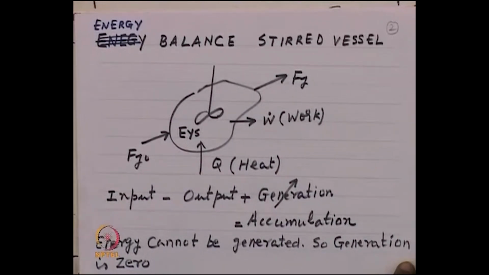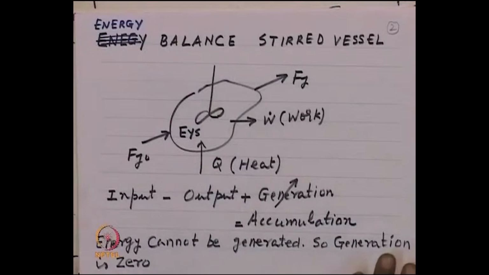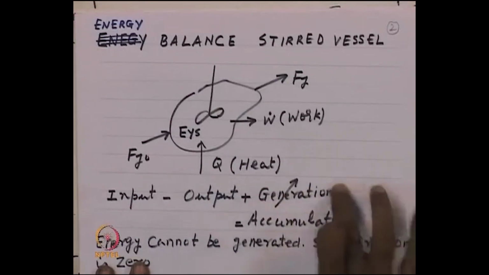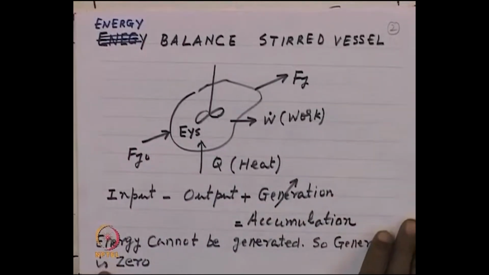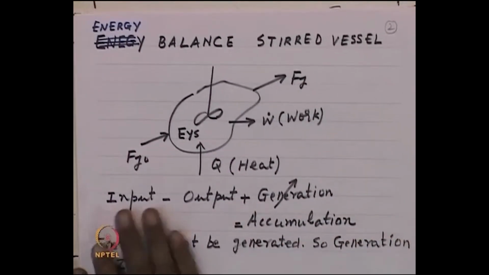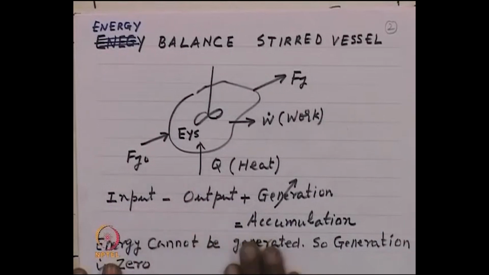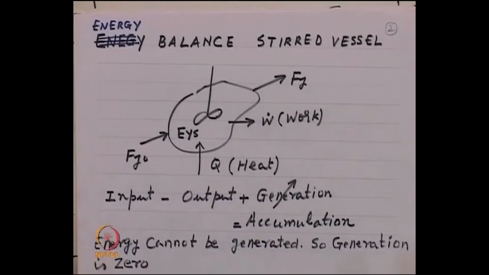Now, when it comes to energy balance, since energy cannot be generated, we say that the generation term in the energy balance should not be there. That is why I have removed the generation term. So, input of energy minus output of energy must be equal to accumulation of energy. Our energy balance is different from material balance, because the generation term is not there in the energy balance, but the generation term is there in the mole balance.